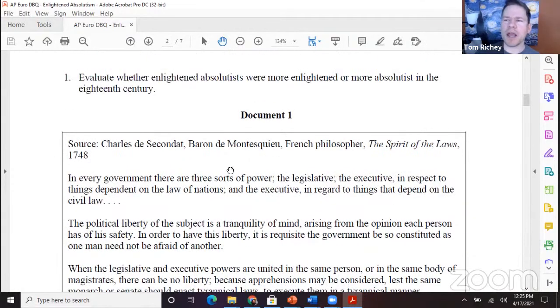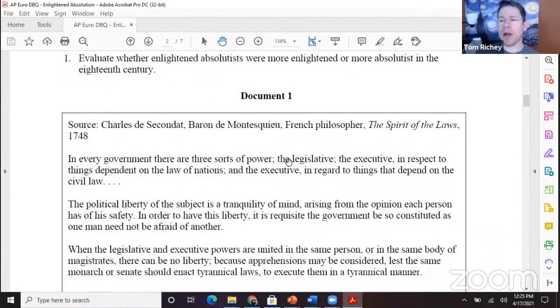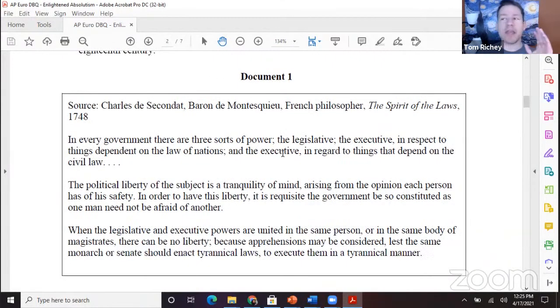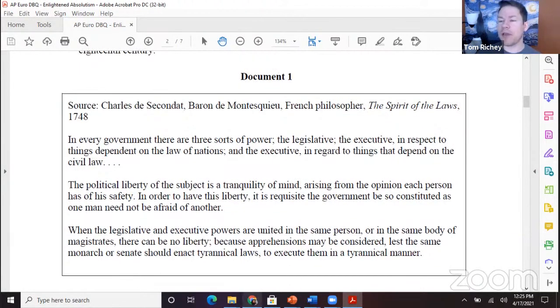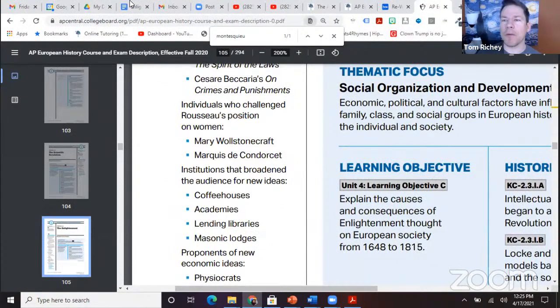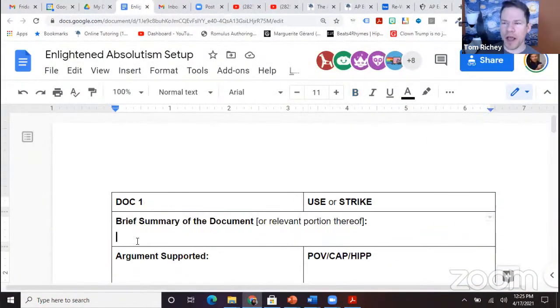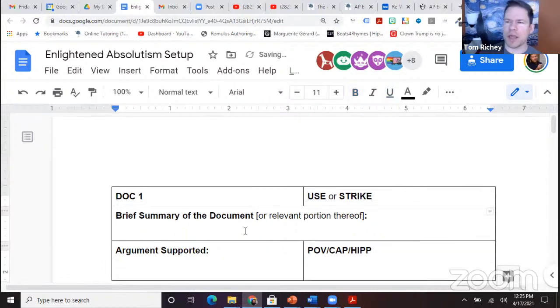So when we're looking at this, Montesquieu is a French philosopher, or philosophe, as we would say in the course. And looking at this, he is definitely not a fan of enlightened absolutism. Okay, so we've got a philosopher here that is not a fan of enlightened absolutism. I think this is a pretty straightforward document. We can use this one here.